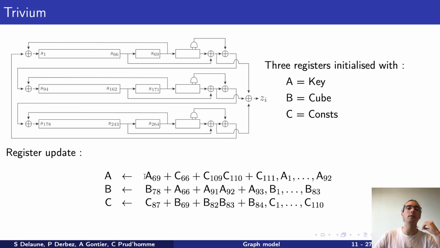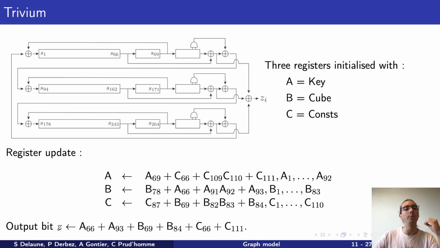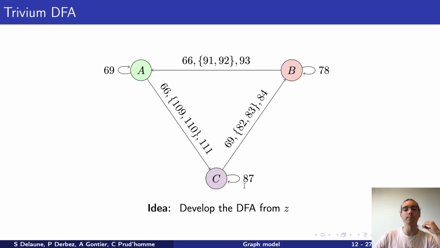The first bit is computed with this formula, and all the other bits are shifted. Once we have produced enough initialization rounds, we will compute the output bit Z. So to have Trivium in a graph, we will model this equation into an automaton.